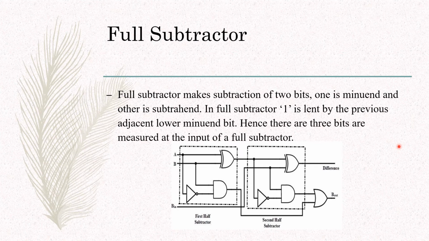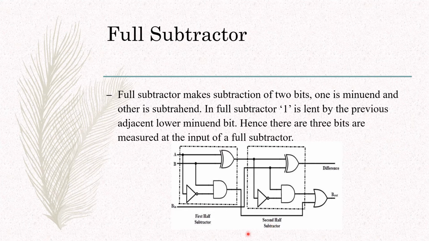Now we switch to the full subtractor. The full subtractor makes subtraction of two bits, one is the minuend and the other is the subtrahend. In a full subtractor, one is lent by the previous adjacent lower minuend bit. Hence, there are three bits at the input of the full subtractor.